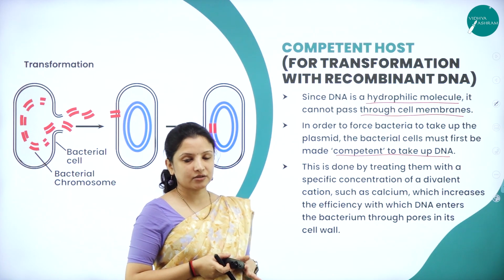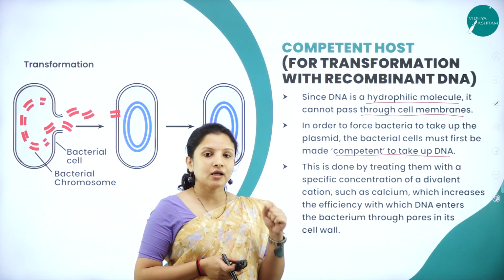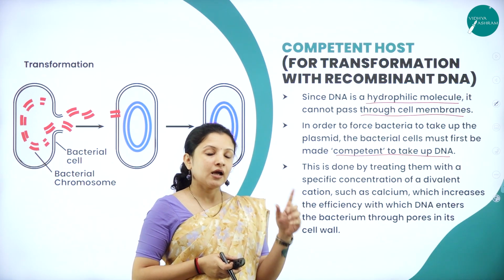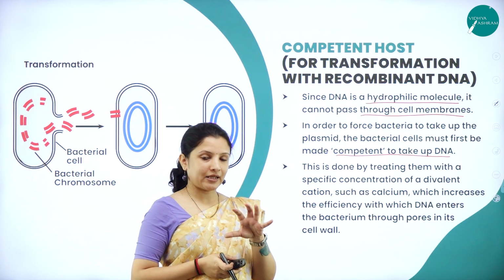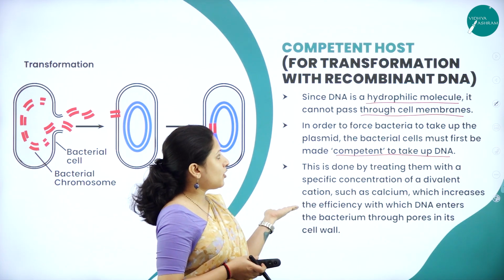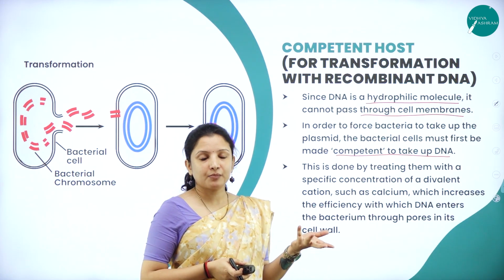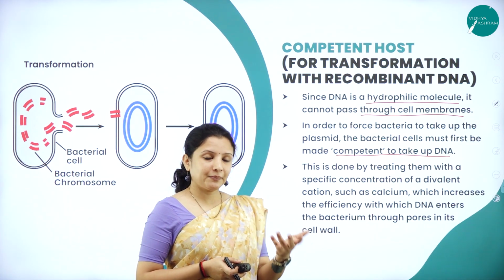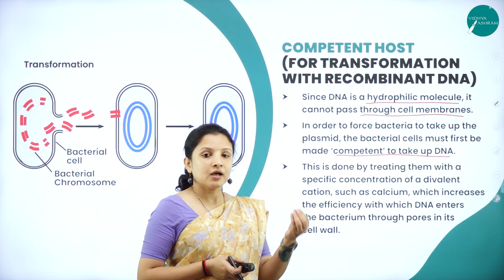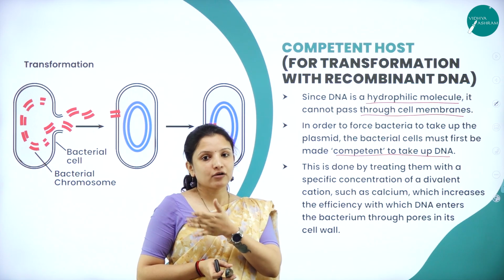DNA is hydrophilic in nature, and the bacterial cell wall, or the plant cell, may be made up of lipid. The lipid's head is hydrophobic, and this water loving DNA cannot pass through the hydrophobic lipid.